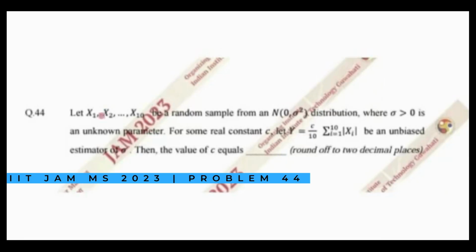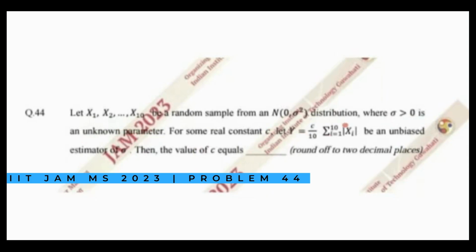Today we are going to solve this very easy problem of IIT JAM MS 2023 question 44. It is a NAT type question, so we will get a single answer which we will round off to two decimal places. We are given a random sample of random variables X1, X2, ..., Xn, which are IID normal(0, sigma square) distributed, where sigma greater than 0 is our unknown parameter.